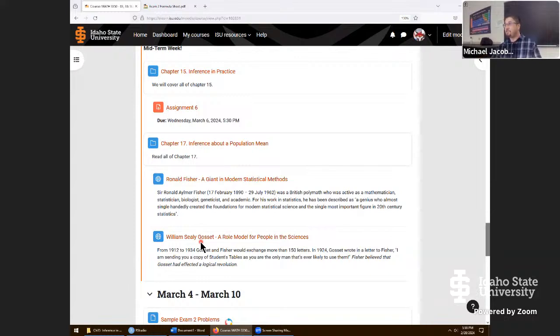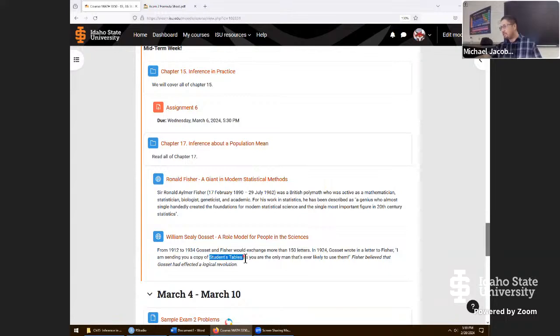William Sealy Gosset was an interesting individual because he worked with small sample sizes. He worked for the Guinness Brewing Company, and you can't do a sample size of 30. That costs too much in those kinds of experiments. So for sample sizes around 3 and around 4, the methods that we described in chapter 14 do in fact break down noticeably. He realized that that was happening, and he found out what the correction really was.